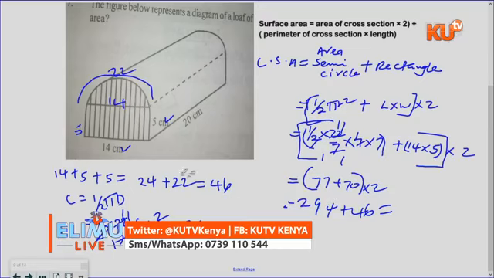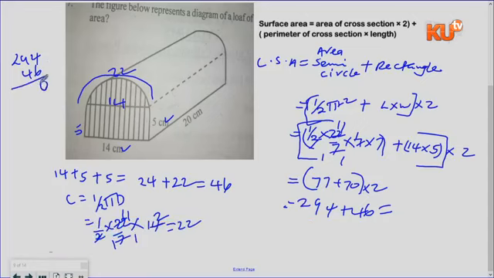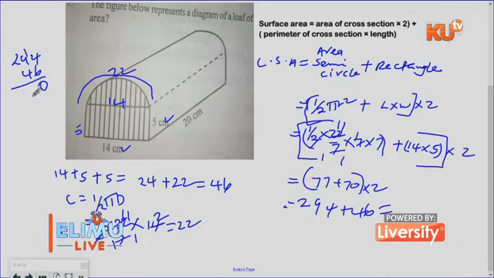So 294 plus 46, this is 0, carry 1, 14, carry 1, 3. So our final answer will be 340. Okay, just a minute. There's something here I've forgotten.